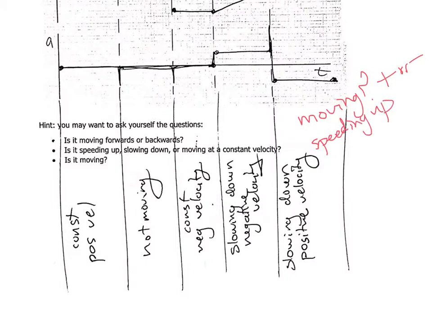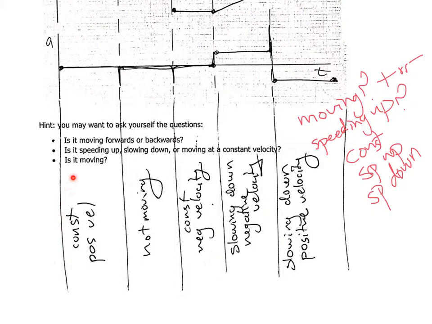Okay, so it can be going at a constant velocity. It can be speeding up, and I'm just abbreviating here, sorry, or it can be speeding down, so slowing down.